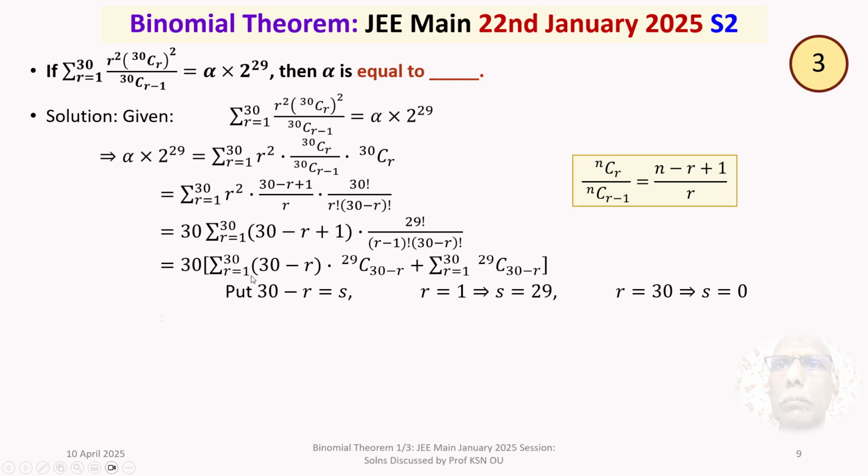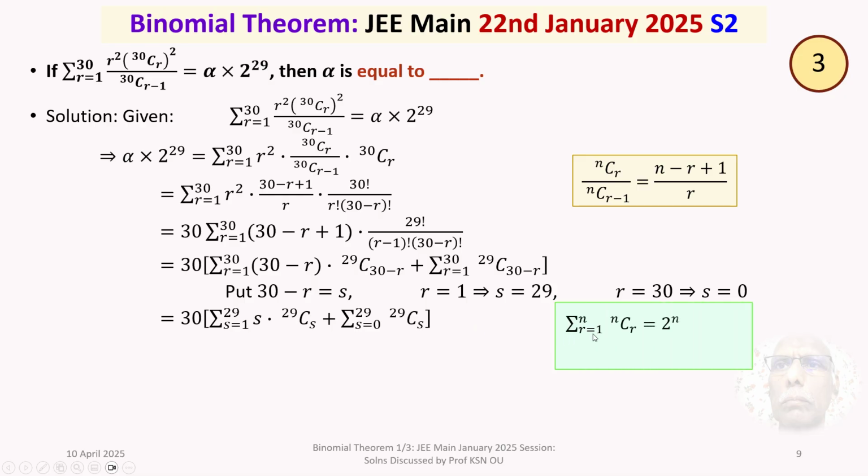Then the above will be 30 into sigma s equals 1 to 29 of s into 29Cs, plus sigma s equals 0 to 29 of 29Cs. We recall a result: sigma r equals 0 to n of nCr, the sum of all the binomial coefficients in the binomial expansion, is 2 power n, and sigma r equals 1 to n of r multiplied by nCr is n times 2 to the power of n minus 1.